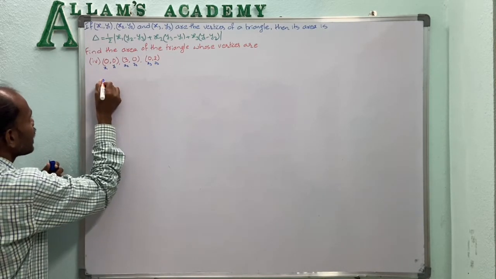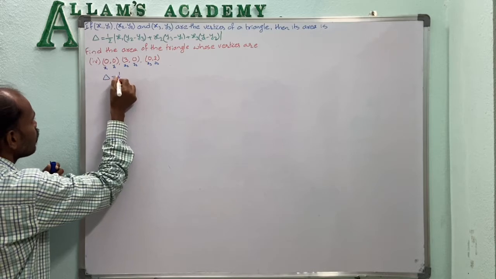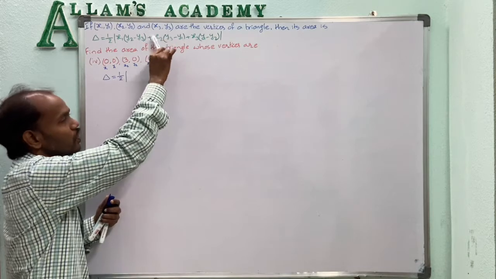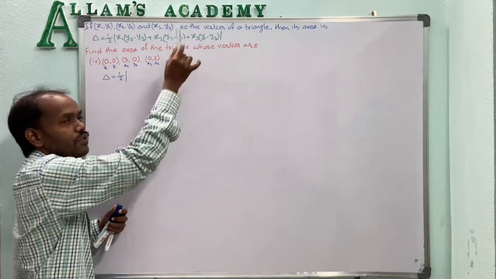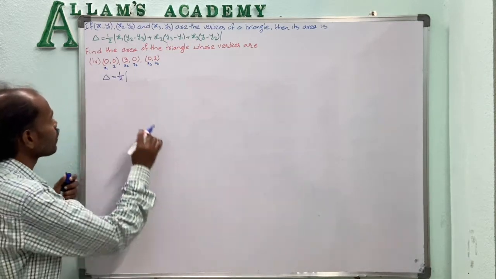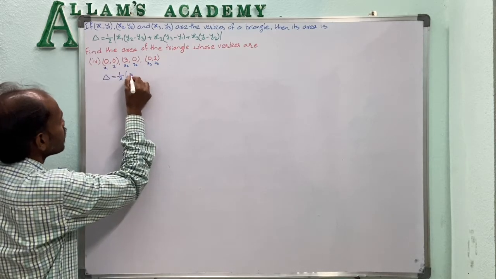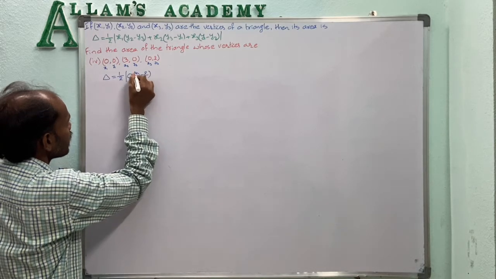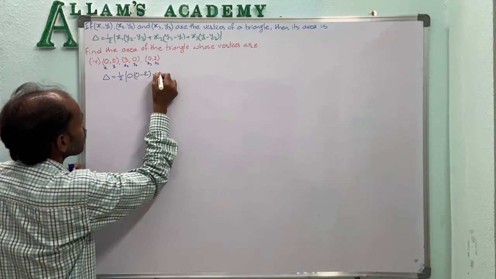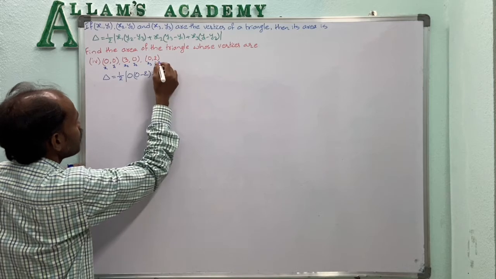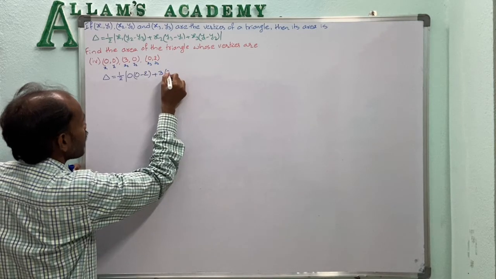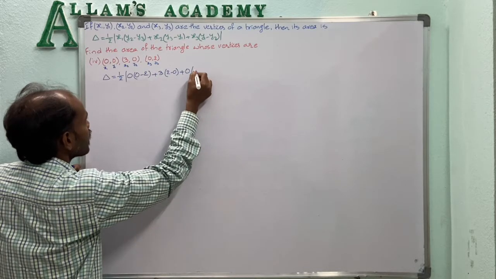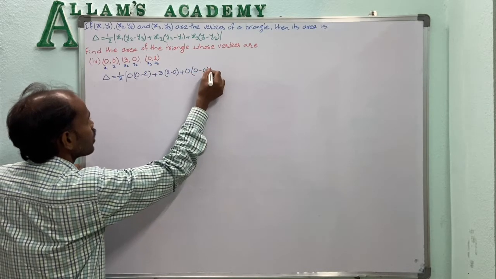Then the area of the triangle is equal to half mod of x1 into (y2 minus y3) plus x2 into (y3 minus y1) plus x3 into (y1 minus y2). So here x1 equals 0 into (y2 minus y3), 0 minus 2, plus x2 which is 3 into (y3 minus y1), 2 minus 0, plus x3, 0 into (y1 minus y2), 0 minus 0.